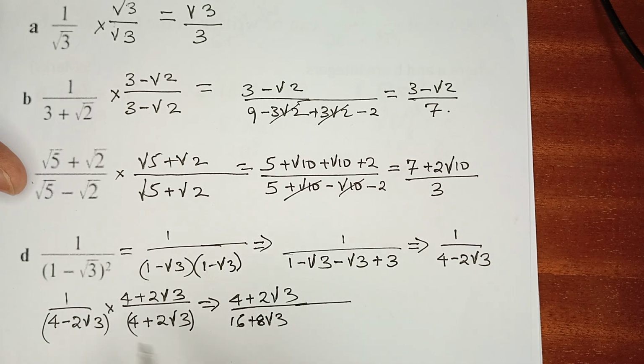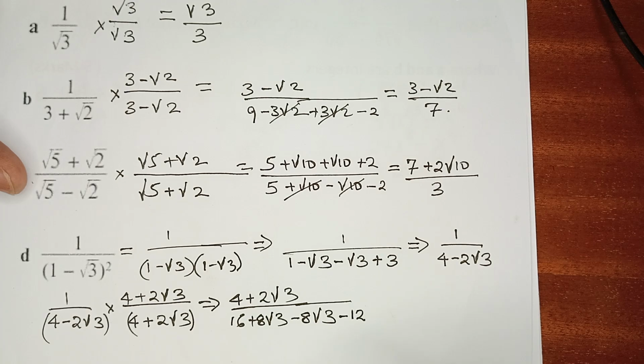Minus 2 root 3 times 4 is minus 8 root 3. By now we know these two terms should cancel out. Minus 2 root 3 times 2 root 3: 2 times 2 is 4, root 3 times root 3 is 3, so 4 times 3 is 12, and with the sign it is minus 12.